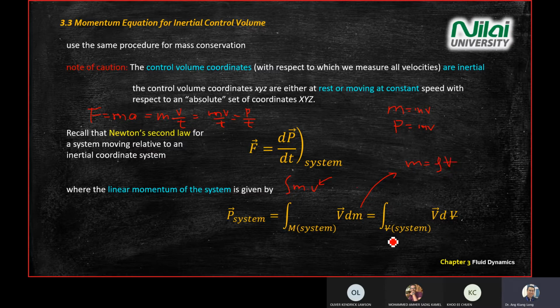So if you integrate with volume, there's a rho missing inside this equation. Please make the correction for your revision material. There is a typo in this equation. When you convert mass in terms of volume, there should be a rho V there. So it's rho, velocity, times dV here.